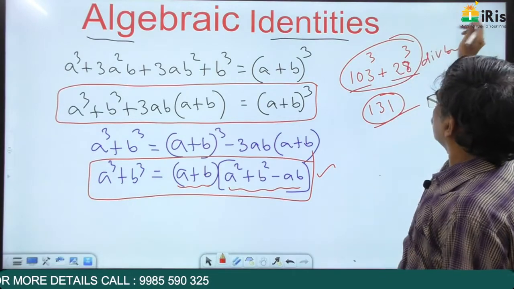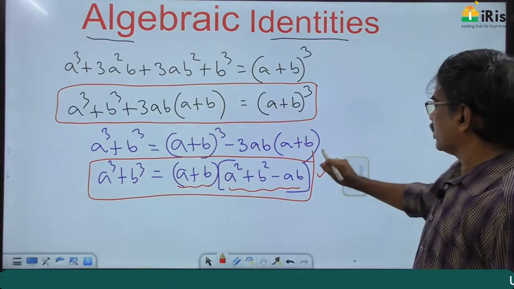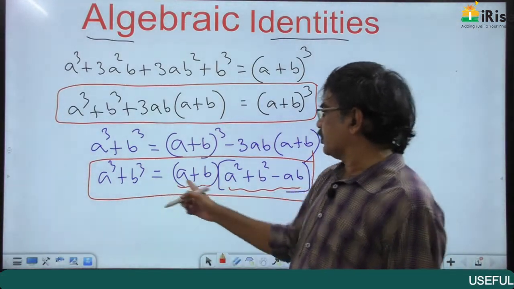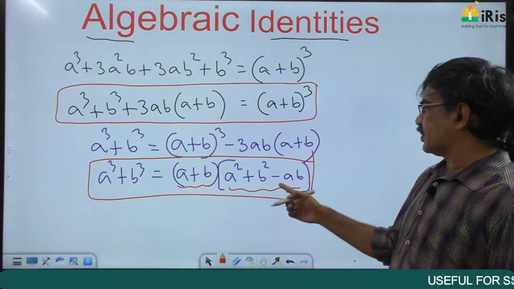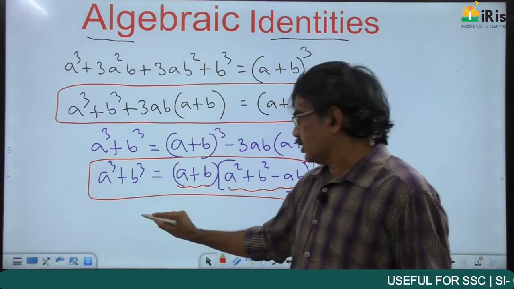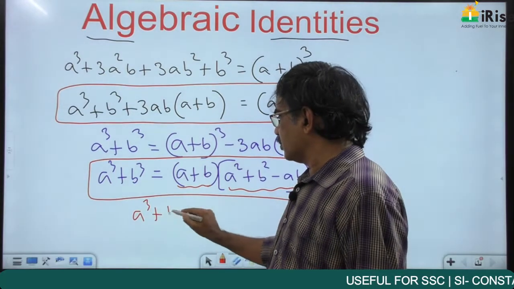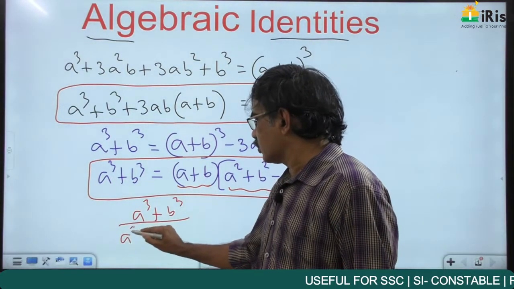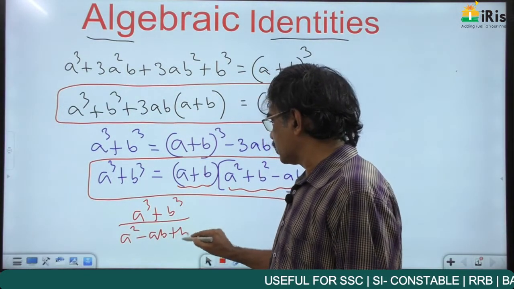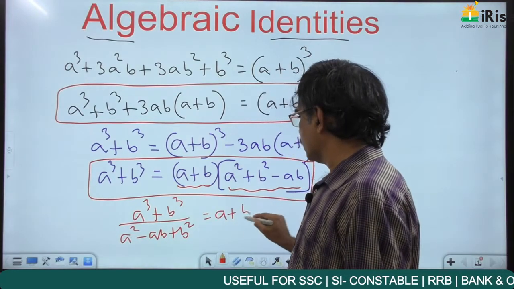Okay, so a cube plus b cube is equal to a plus b into a square minus ab plus b square. Then what is a cube plus b cube divided by a square minus ab plus b square, which is equal to a plus b?